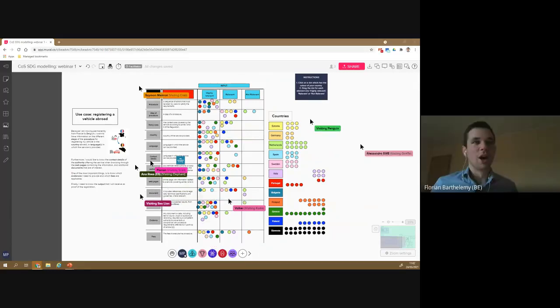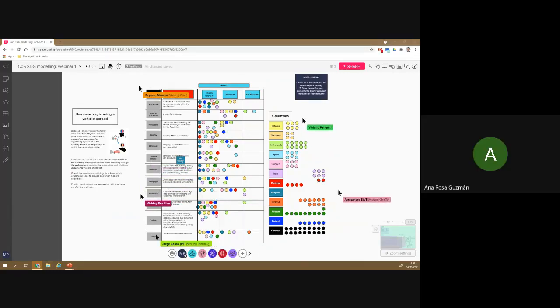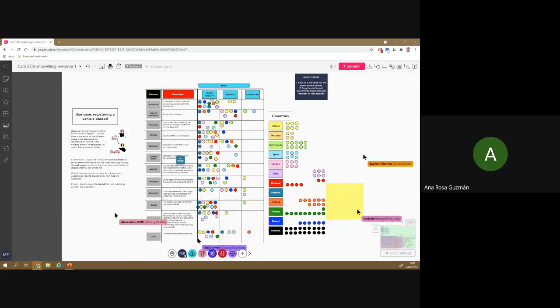Okay, thank you. Regarding the authority, because of our federal nature, I think that for our citizens the authority itself, the administrative body, is not relevant, but the scope of the procedure is. I miss the scope of the procedure.